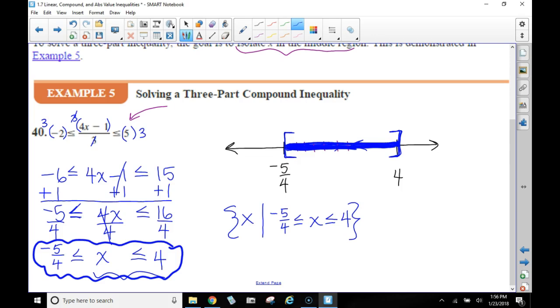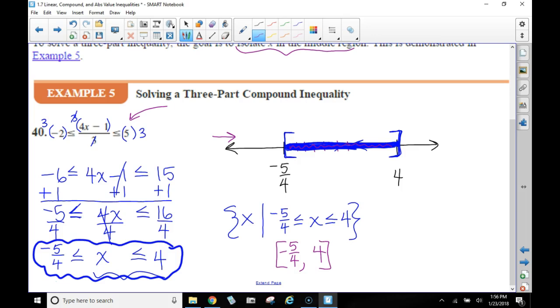In interval notation, we're going to read our number line from left to right. Nothing's going on until we hit this bracket at the -5/4, comma, and then we have action occurring until we get up to the 4 with a bracket next to it. Okay?